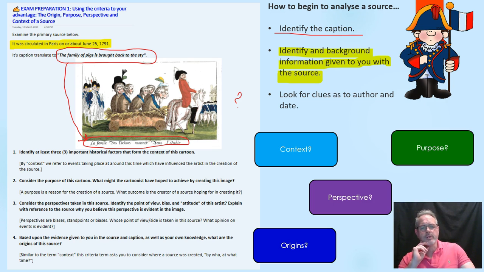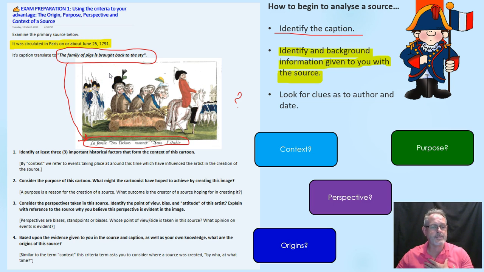So let's have a quick look at it. As I look at this cartoon, A Family of Pigs Brought Back to the Sty, I'm drawn to the date, June 25th, 1791, and I know on June 20th, in the night time there, the King and the Queen attempted to escape to Varennes, the flight to Varennes. They've then been captured and they're brought back in humiliation to Paris at the Tuileries Palace. So that's probably what's going on here.